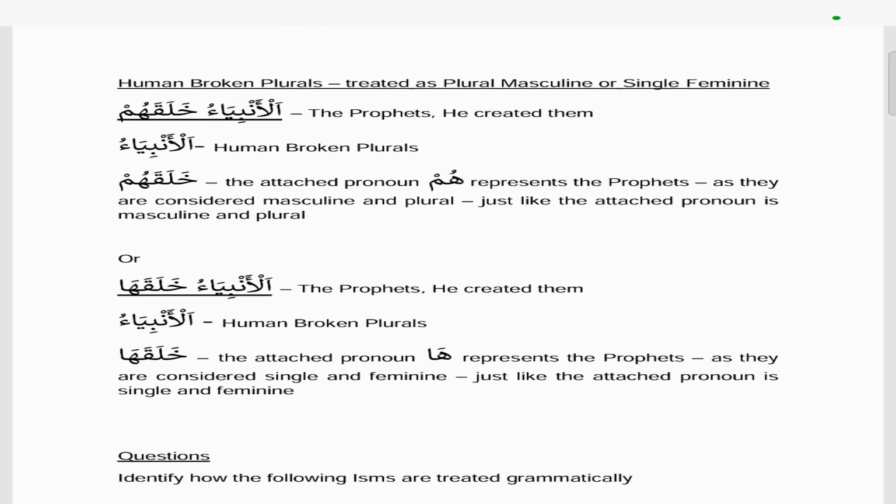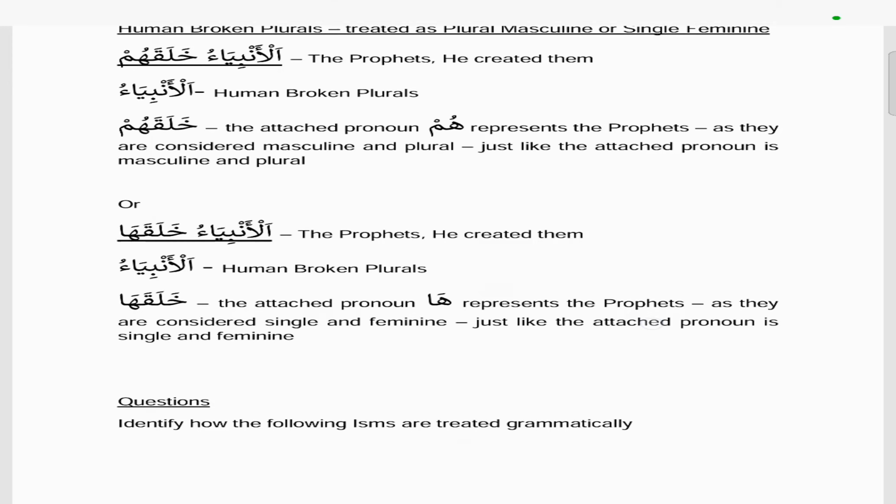Or, like I said, human broken plurals can also be treated as single feminine. So in this example, we'll treat them as a single feminine. So al-anbiya'u khalaqaha. So the prophets, he created them. So the meaning is still them. You won't say the prophets, he created her. You won't say that because the ha represents the prophets, which is a group. So you would say them in English when you translate it. So al-anbiya'u, again, human broken plural.